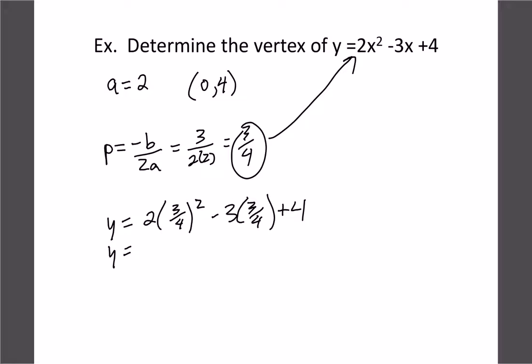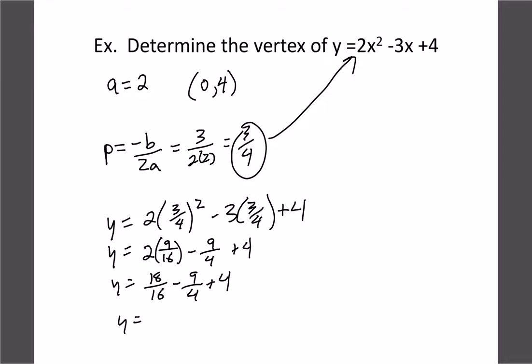If we do that, 3/4 squared is, let's just do this as a decimal, that'll probably be easier. We can do fractions, it doesn't really matter. So we'd have 2 times 9/16 minus 3 times 3, which is 9/4, plus 4. So we end up getting 18/16 minus 9/4 plus 4.